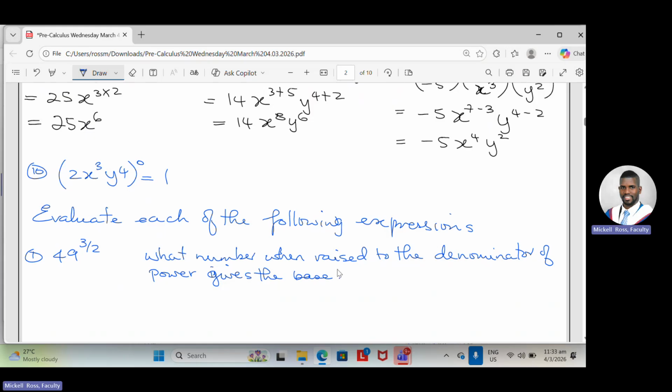So this is the question you're going to ask yourself. What number, when raised to the denominator of the power, gives the base?